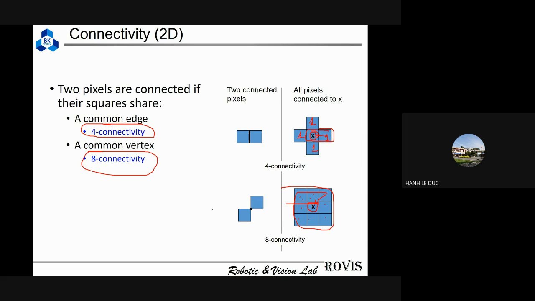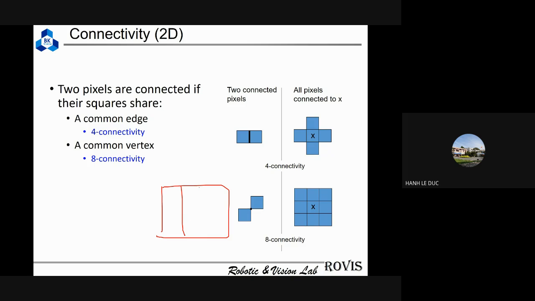Okay, for example, if we have an object like this and we apply the four-connected component, what will happen? This one will connect, this one will connect, this one will connect. So that means this will be one object.